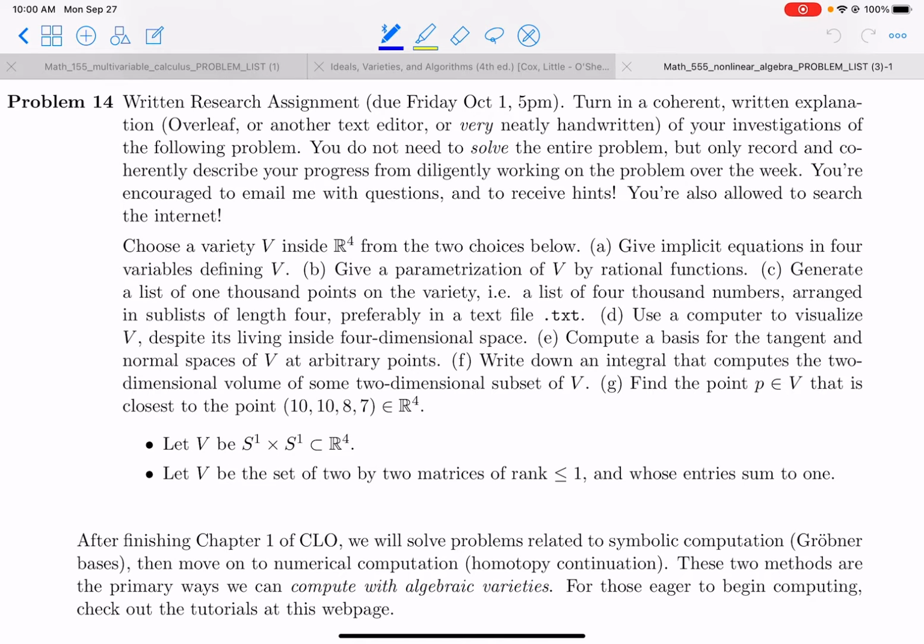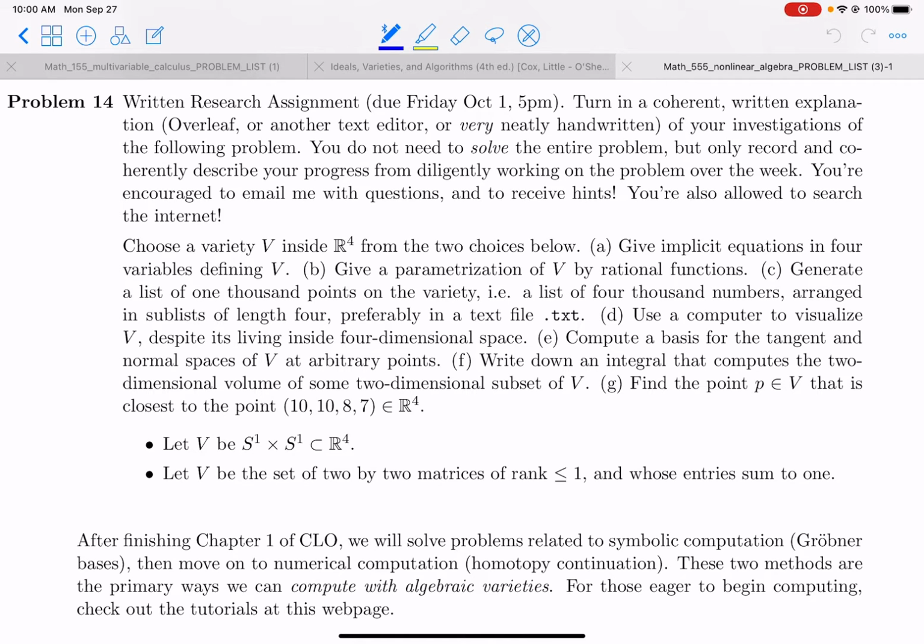If you like, you can use Overleaf. That's what I recommend. But if you've never learned LaTeX before, or never used it before, maybe you're not going to enjoy that so much. So you can also write it up by hand, provided it's very neat. That'll also take you longer. It's faster to type mathematical symbols sometimes and edit them.